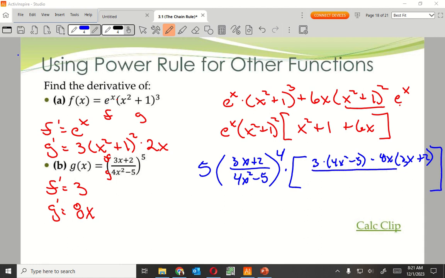All this is going to be over g squared, so that's going to be the quantity 4x squared minus 5, close, squared. Yeah, it looks kind of crazy, doesn't it?